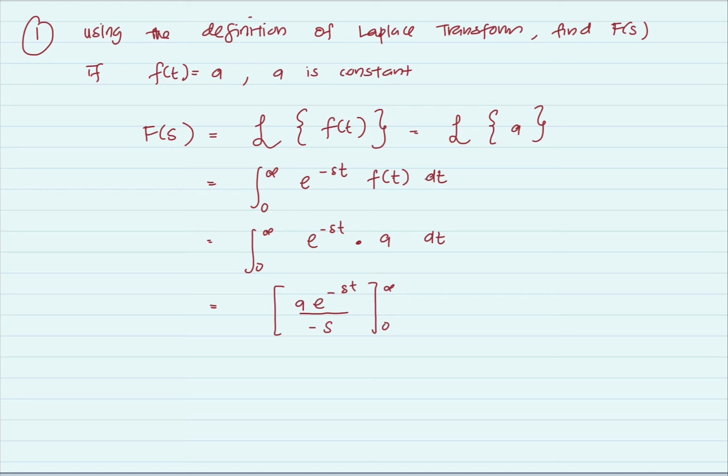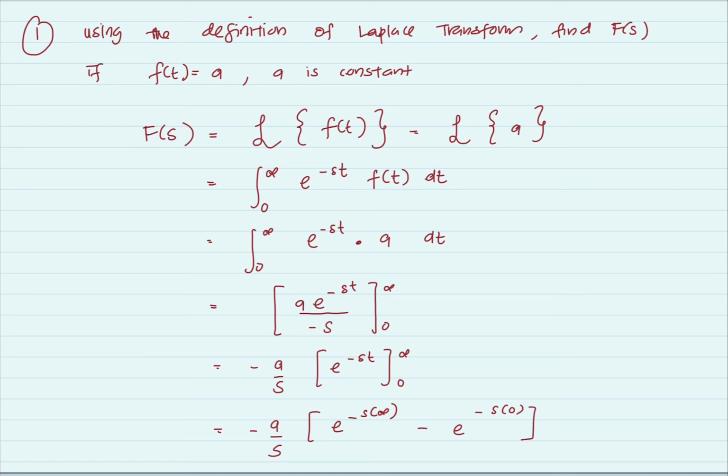We can bring out the constant, minus a over s, and the remaining is the exponent minus st. So we will have minus a over s times e to the minus infinity minus e to the minus 0.